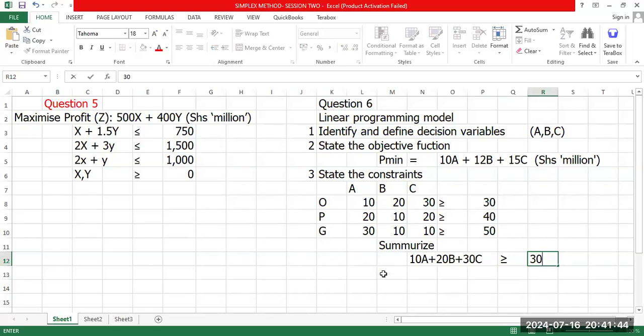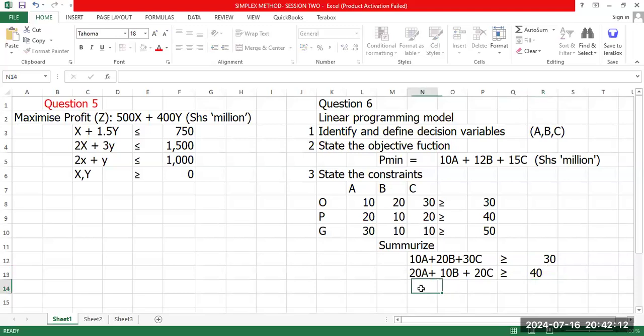Then 20A plus 10B plus 20C should be greater or equal to 40.